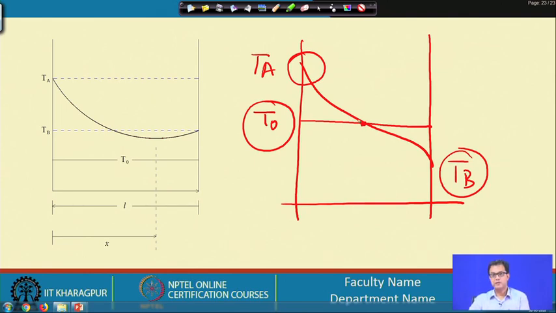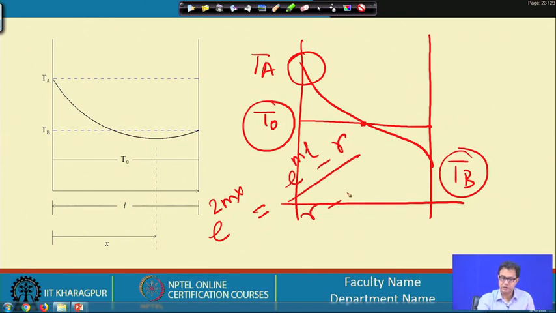We have said that e to the power 2mx equals e to the power ml minus r by r minus e to the power ml. That is what we found from the fin equation where we got an extremum.